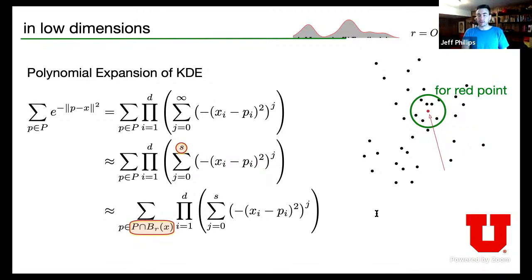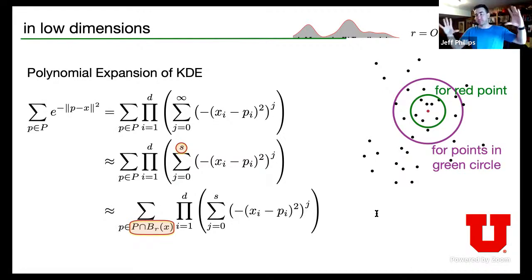So to evaluate at this red point here, we only need to look at the points in this green neighborhood. And in fact, for all the points in that green disk, if we expand the neighborhood into this purple disk, then if we include all the purple points in this system of equations, that gives a good approximation for the kernel density estimate for all the points in the green disk.